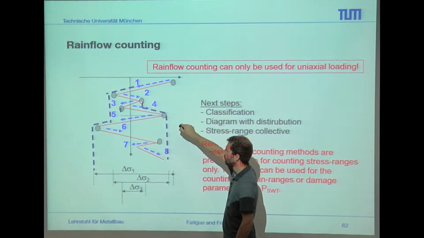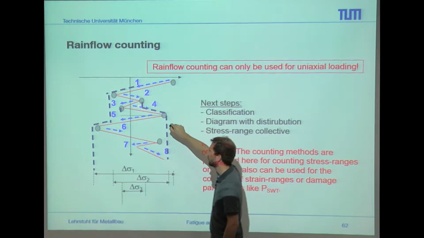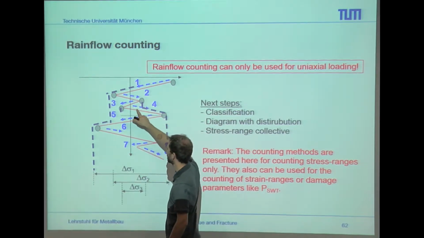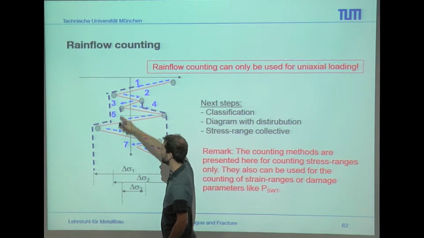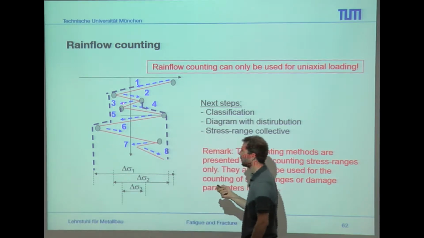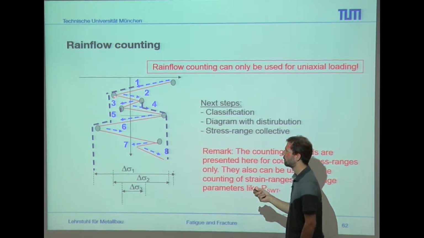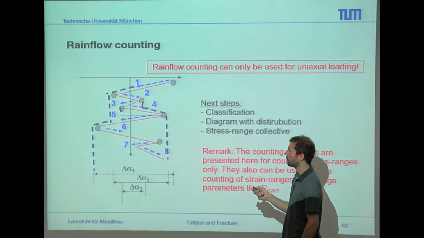And here again, the water is falling down. So here again, we have a closed hysteresis. And at this point here, at this level, we also have water falling down to the line here. But as you see here, this hysteresis is closing from here to here to here.